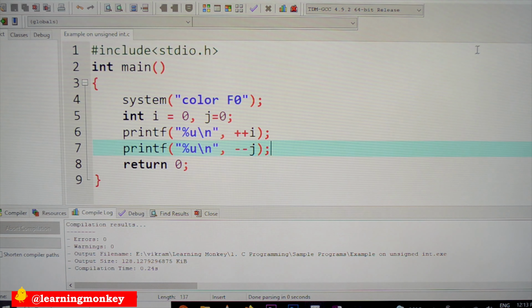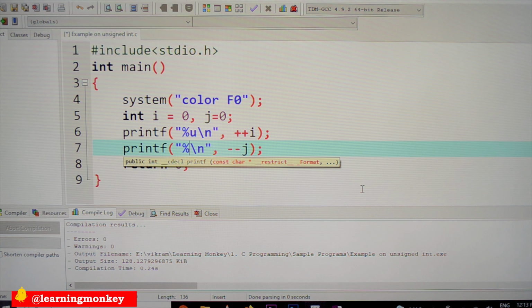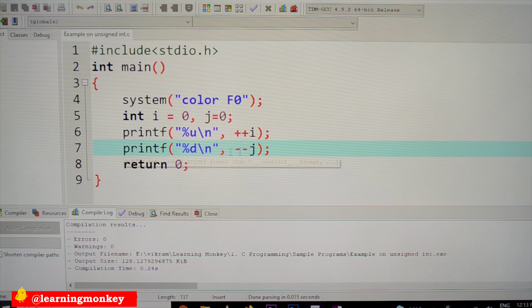So let's try to change this from percentage u to percentage d, which means we are considering it as a negative number. Percentage d is used for int, right? Okay, here it is int. Percentage d means we want to print it as an integer, so the most significant bit is considered as negative.